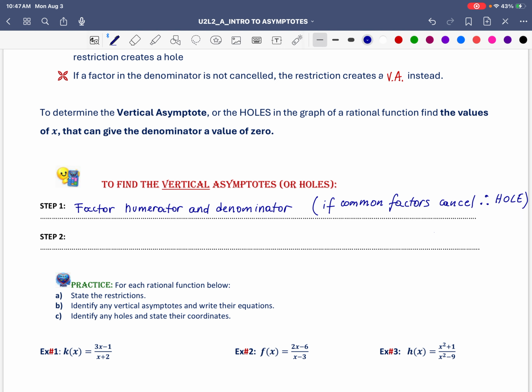Now, once you have numerator and denominator in factored form, then you continue with the restrictions. And the restrictions are found by making the denominator equal to 0 and solving for x.